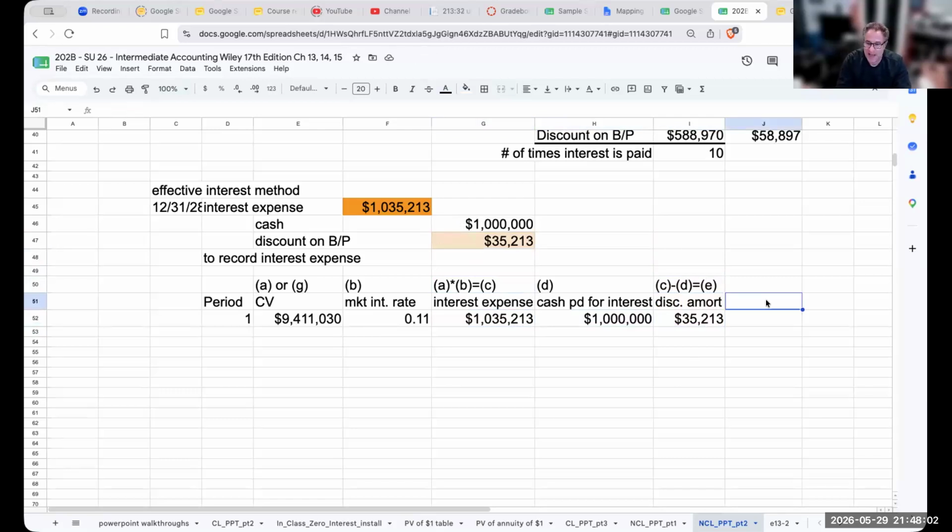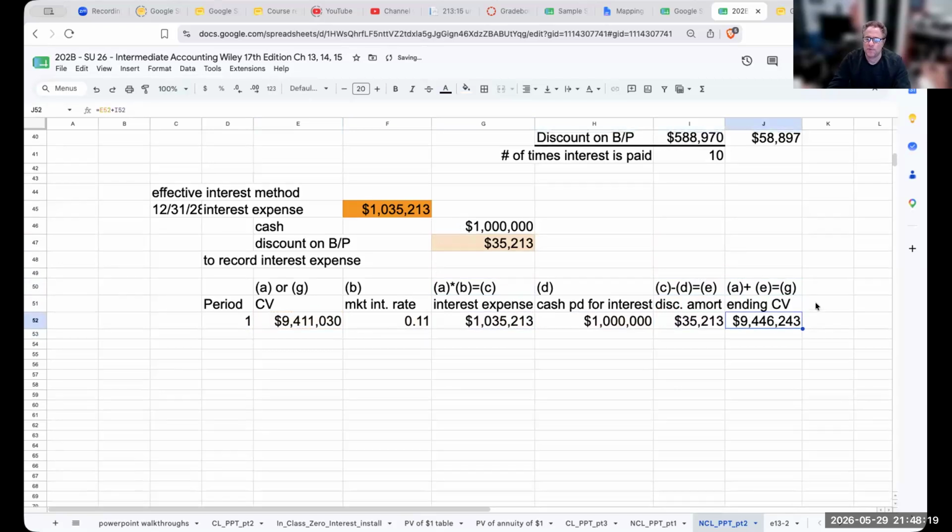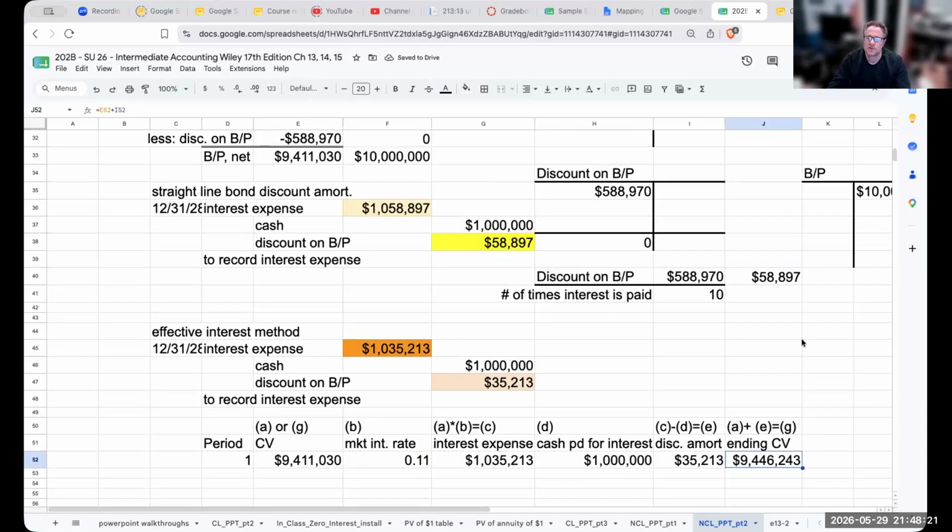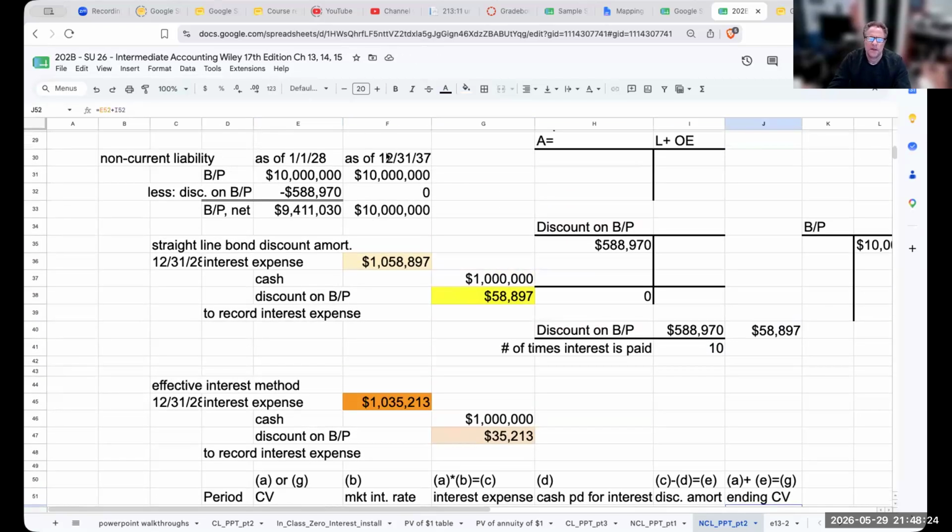What do I do now? Well, my ending carrying value is going to be my beginning plus the discount amortization, and this is going to equal G. So in this case, this is now 9,446,243. Let's see why this is correct.